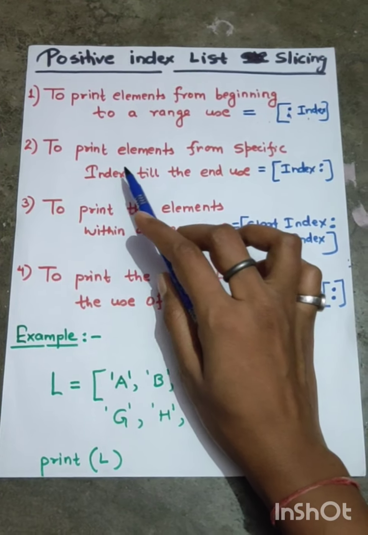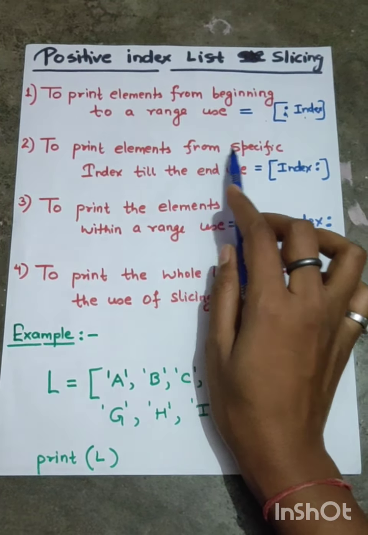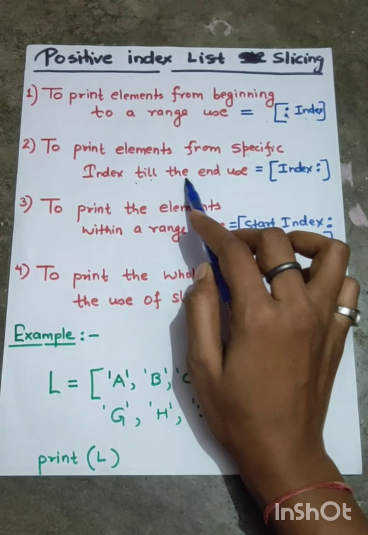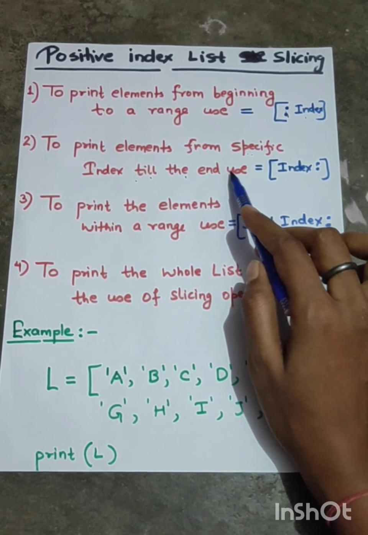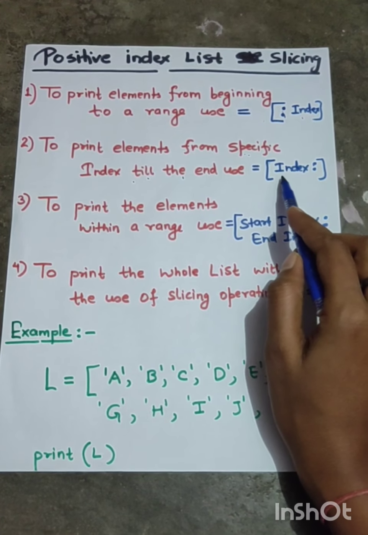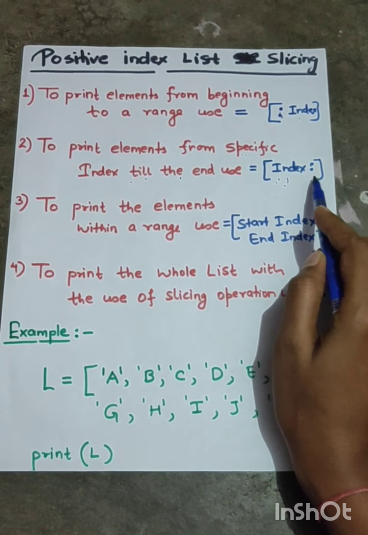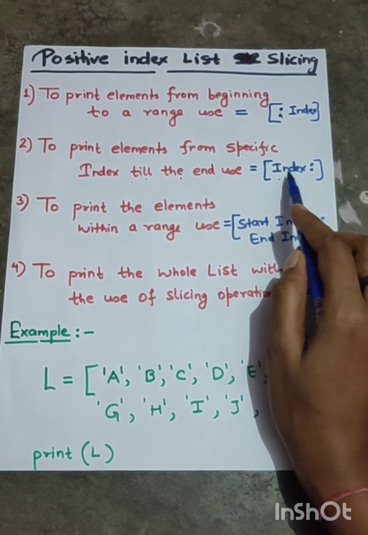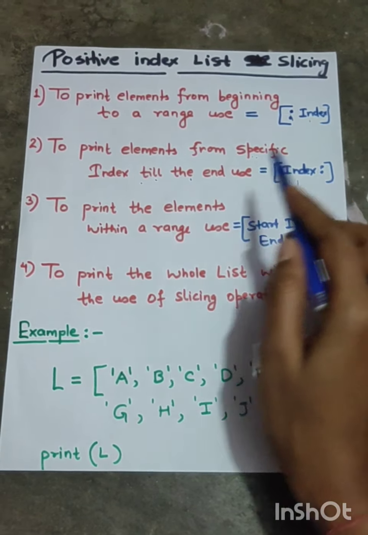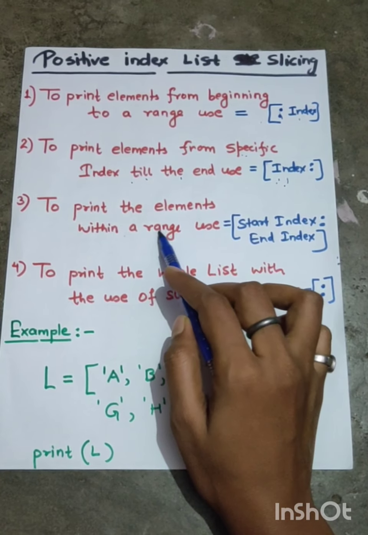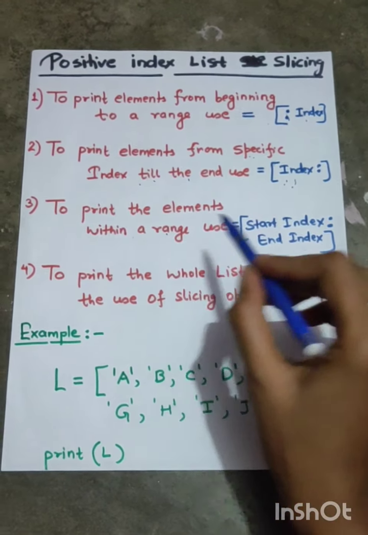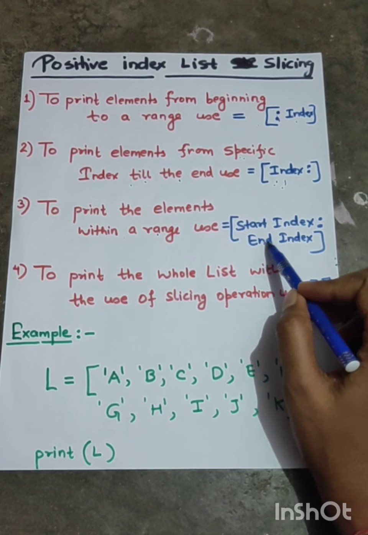In the second one, to print the elements from a specific index till the end. If you want to print the elements from 4 to the end, at that time you will use index colon. In the third one, to print the elements within a range, we can use start index colon end index.